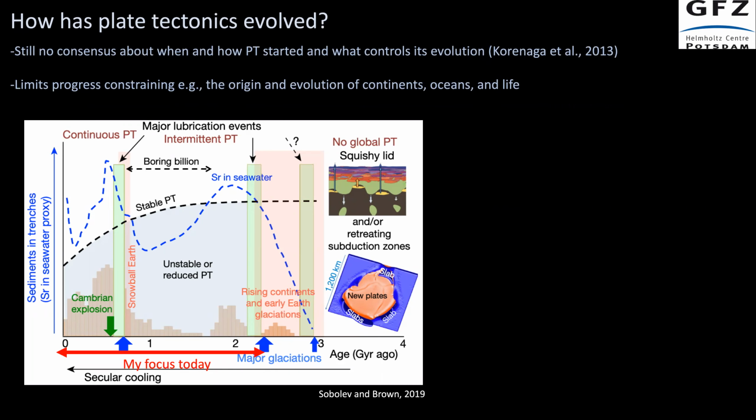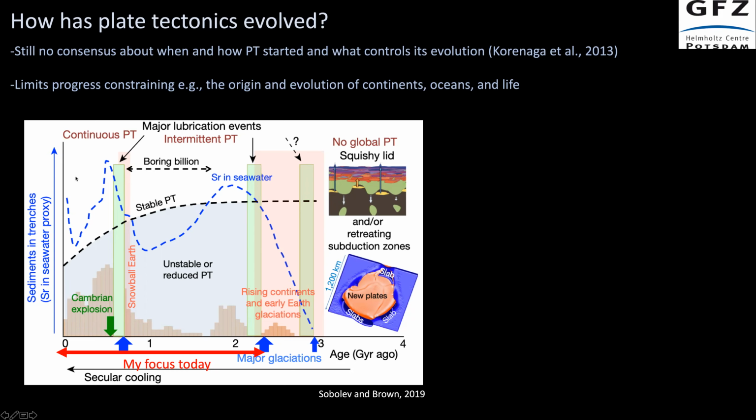Okay. So then we have this region of intermittent plate tectonics. And this region of the boring billion between 0.75 and 1.75 billion years ago, where plate speed was thought to be very slow and plate tectonics was very sluggish. Then we have the snowball Earth glaciation, and immediately after, again, we see this peak in the sediment proxy.